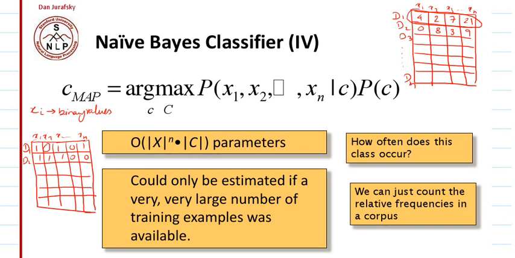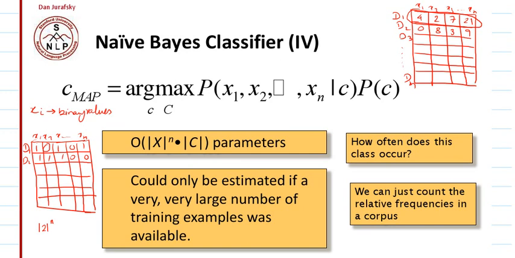Where n is the number of features, and mod x here is the number of values that x can take. So it will be 2 to the power n, right? So there will be 2 to the power n parameters. If I take x1, x2, x3, there will be 8 values here. If I take x1, x2, x3, x4, there will be 16 values here, right? And these values will be only for 0 and 1.